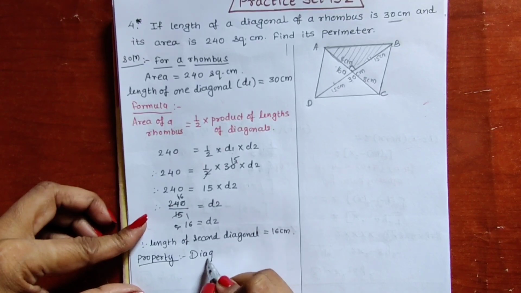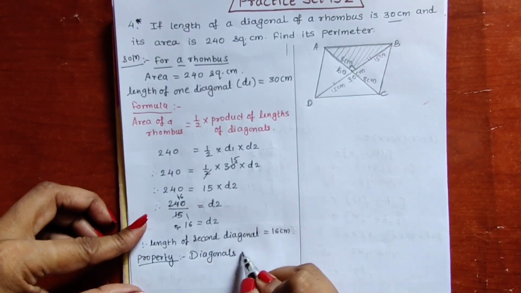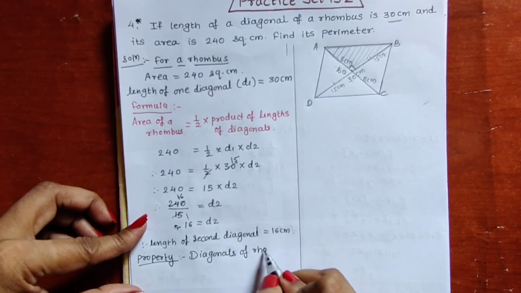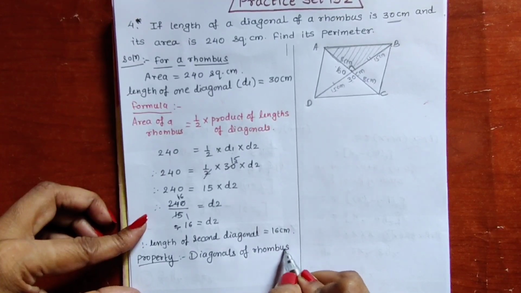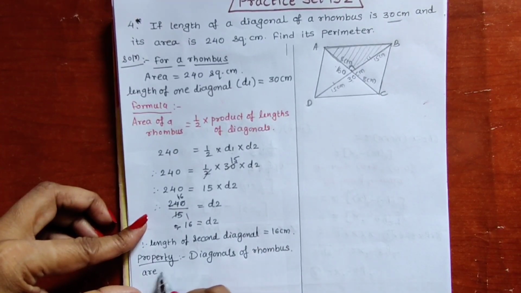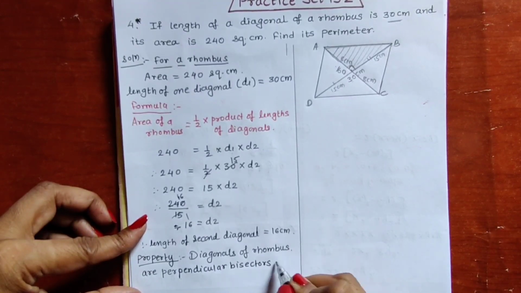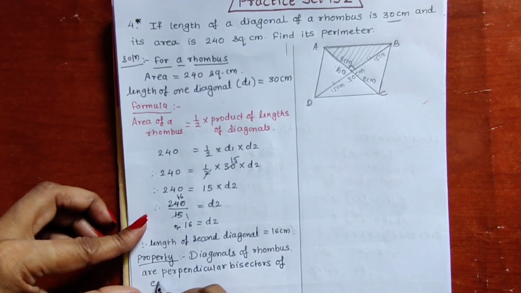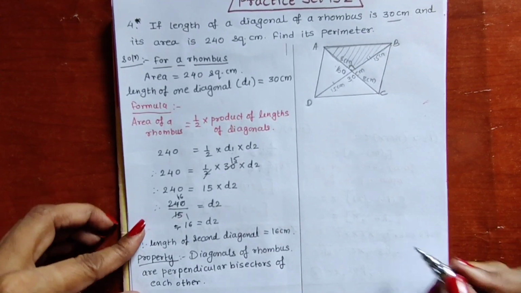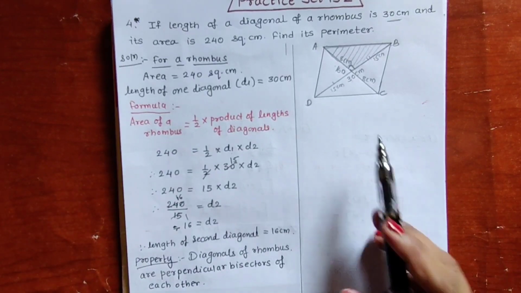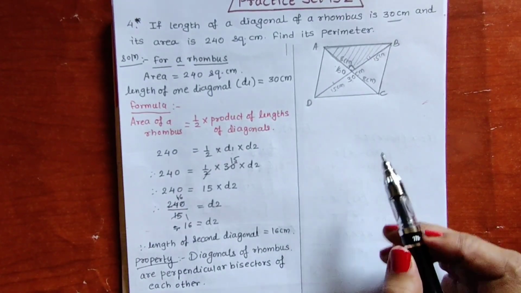Diagonals of a rhombus are perpendicular bisectors of each other. That means they bisect each other and there are 90-degree angles at the point of intersection.